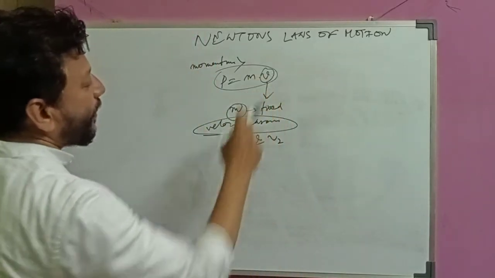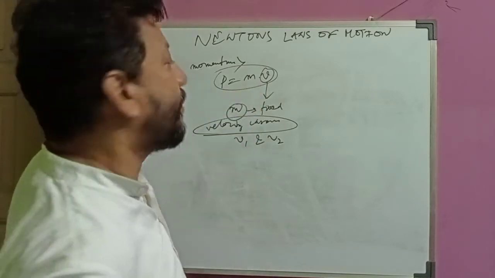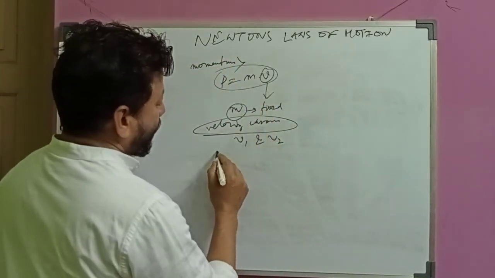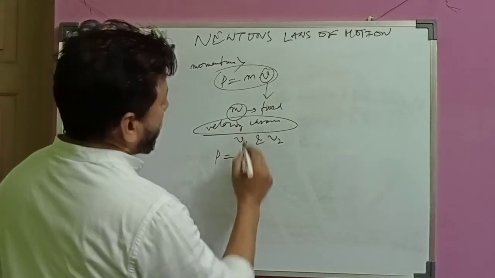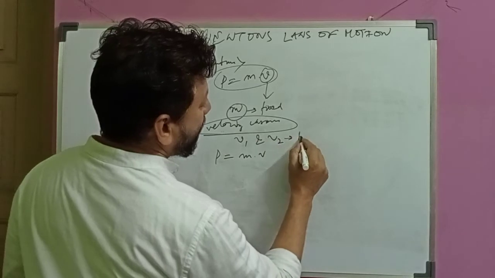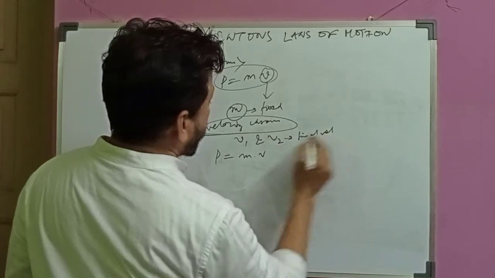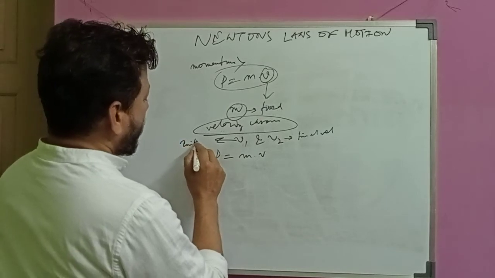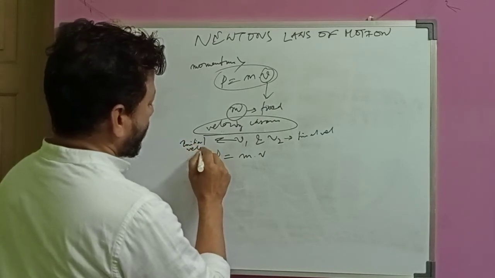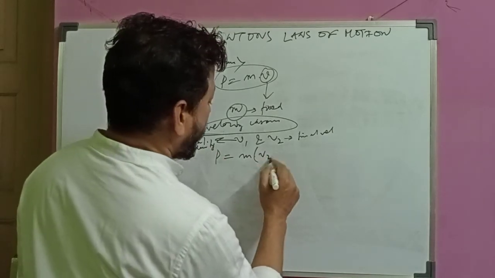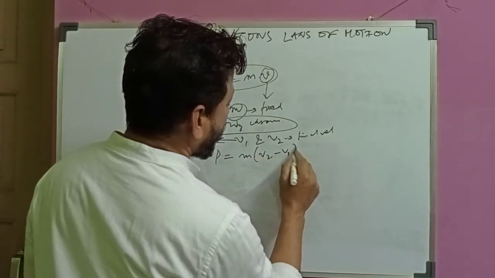So if we apply this in the momentum formula, P is equal to m into v2, let v2 be the final velocity, and v1 is equal to the initial velocity.